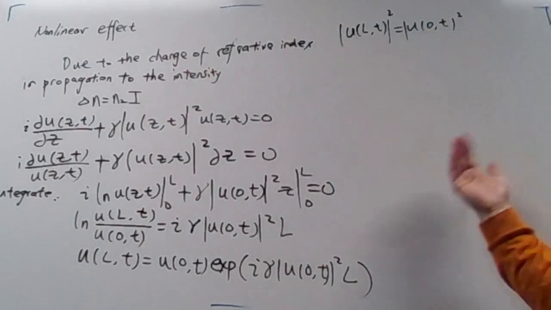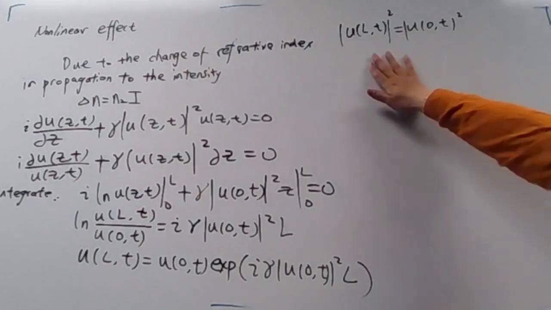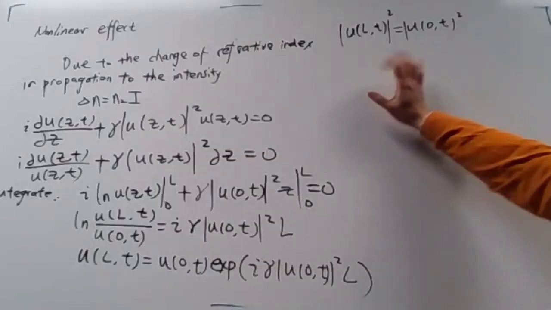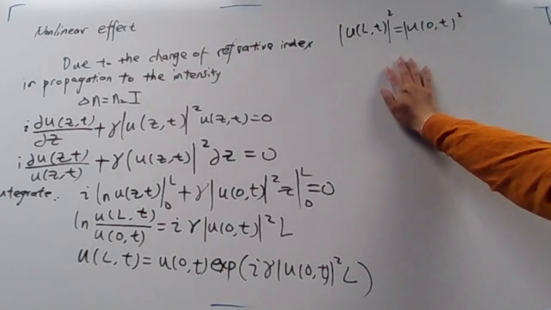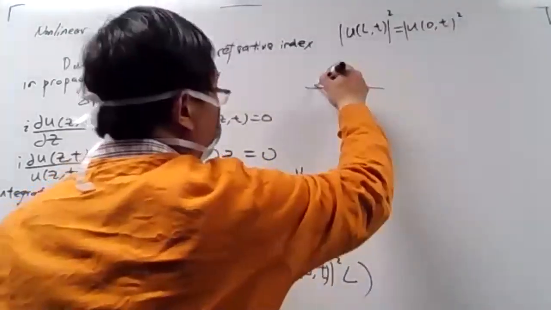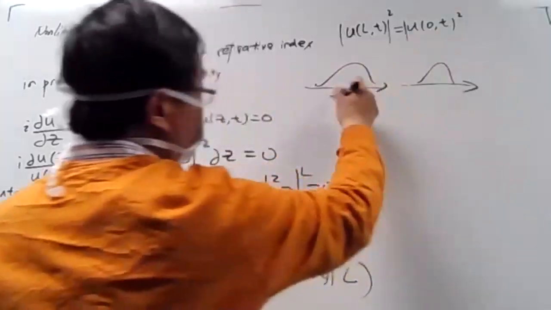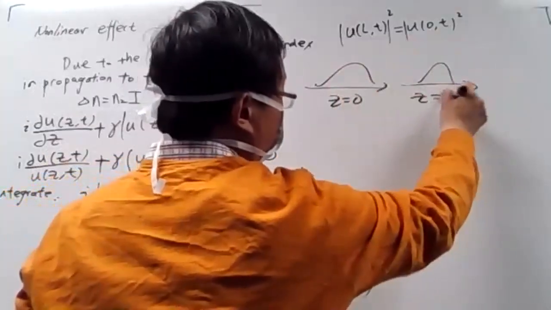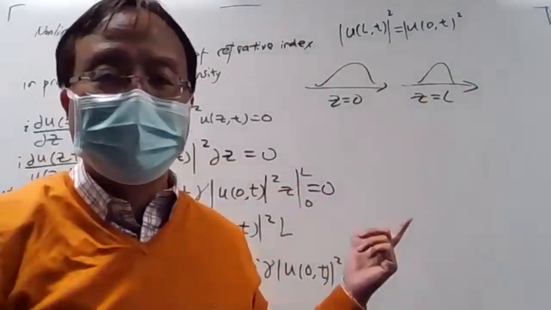What does this equation tell us? If I have a pulse in the time domain, at z equal to 0 and z equal to L, they have the same pulse shape.